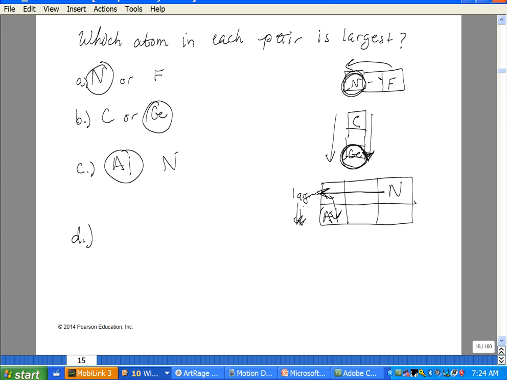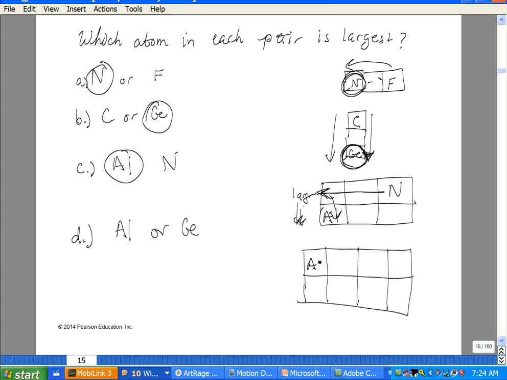The last one, that was an example that we used, was which one is larger, aluminum or germanium? Okay, on the periodic table, aluminum is located to the left of germanium. So that would indicate that it's a little bit larger than germanium.